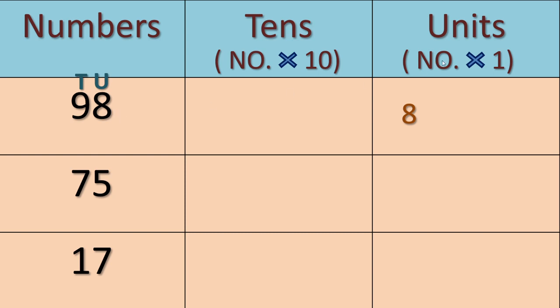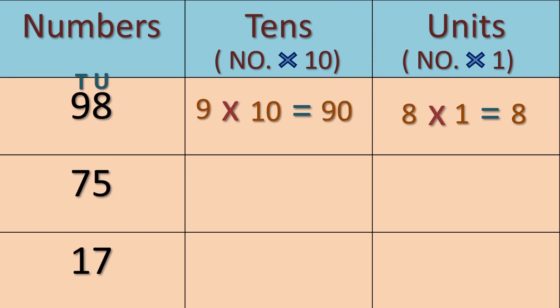Okay, this 8 multiplied by 1 because this is in unit place. Single, correct? Single. So 8 ones are 8. Okay, now we will move towards 9, that is in tens place. So here it is given number multiplied by 10. So 9 multiplied by 10. How much? 9 tens are 90. Right?